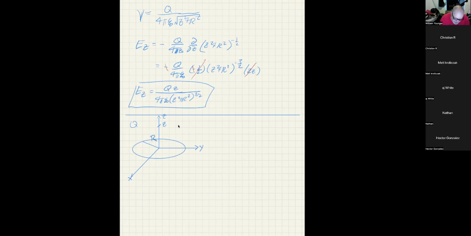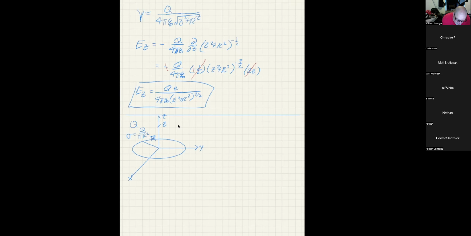And I will say, since it's uniformly charged, that the charge per unit area, sigma, is just Q over pi R squared. Okay. Now, why do I do that? Well, this is one of those cases where we're going to use a differential volume element, or in this case, a differential area element. And I am going to do that in red.